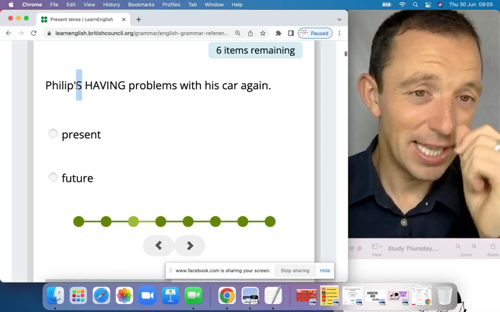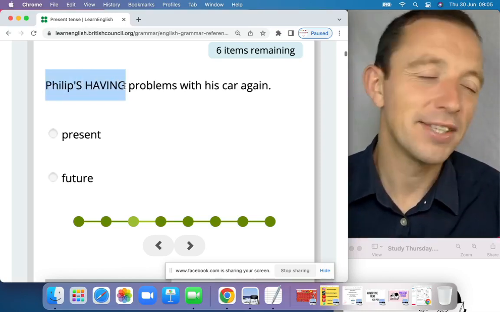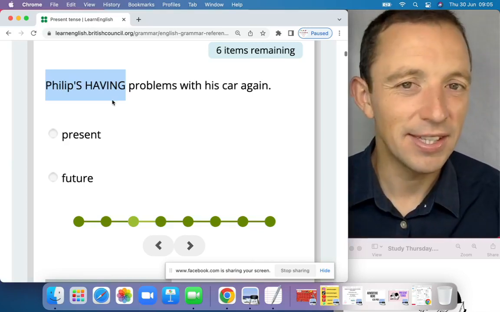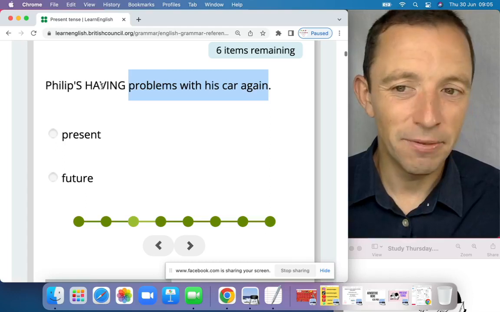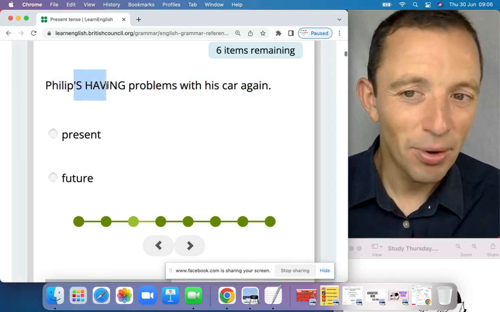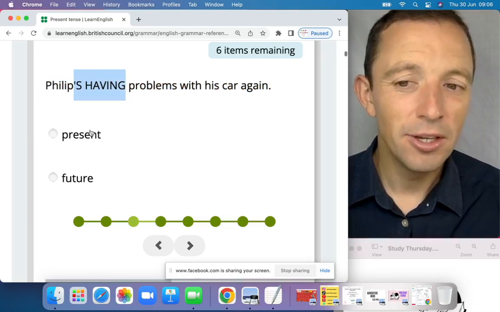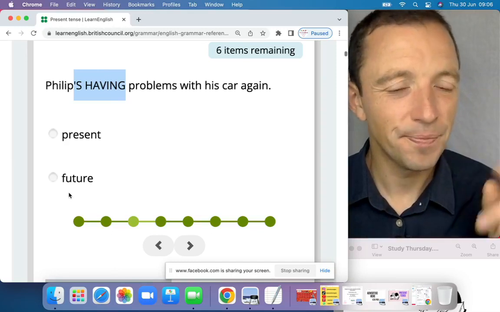Philip, so this is a mistake, it should be a small s. Philip is having, well, sorry, it's the capital letter because it's the question. Problems with his car again. So Philip is having problems with his car again. Yes, it's the present continuous form, but are we speaking about the present or are we speaking about the future?